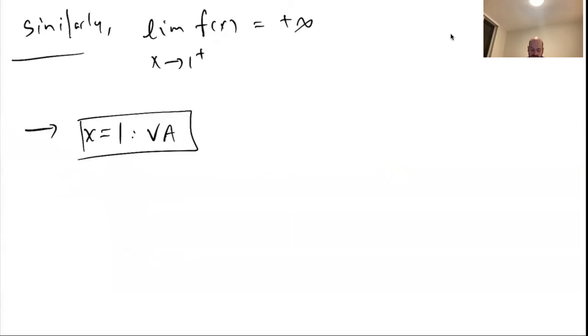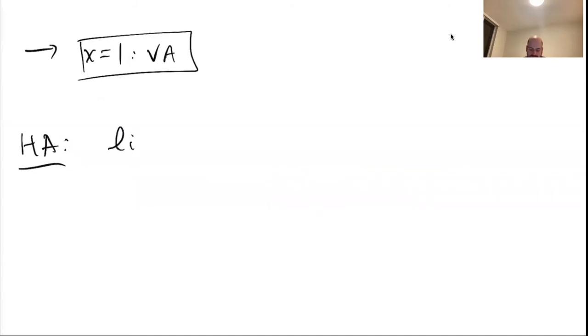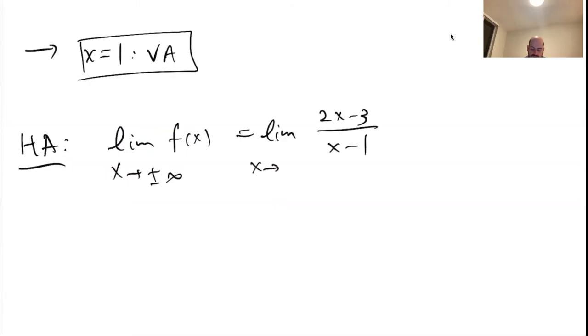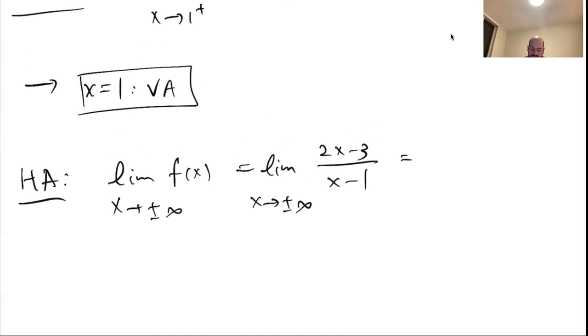And what about horizontal asymptotes? This time we have to check limit f of x as x goes to plus or minus infinity. So this is going to be limit 2x minus 3 over x minus 1, x goes to plus or minus infinity. If you remember, we can use the technique from the first chapter, which was factoring out the highest power of x from top and bottom, or we can just simply use L'Hopital.